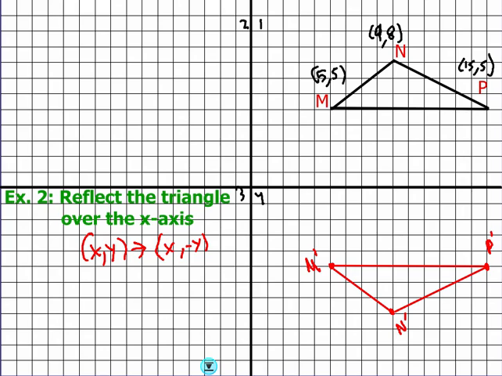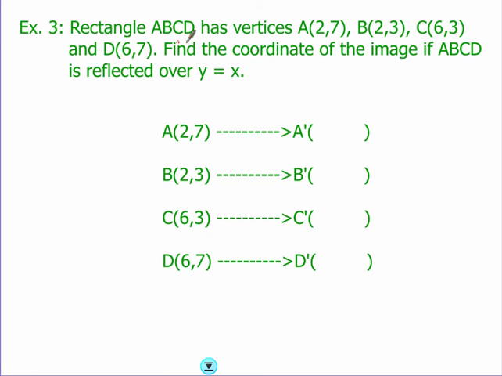All right, example 3 says rectangle ABCD has vertices at these 4 points. I want to find the coordinates of the image if ABCD is reflected over y equals x. So we know for y equals x, we're going from (x, y) to (y, x). We're just going to be switching our coordinates around.